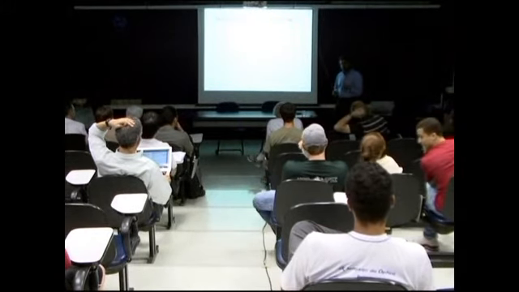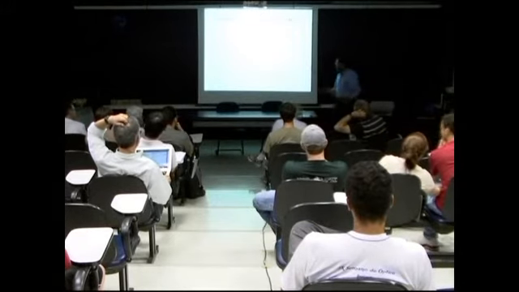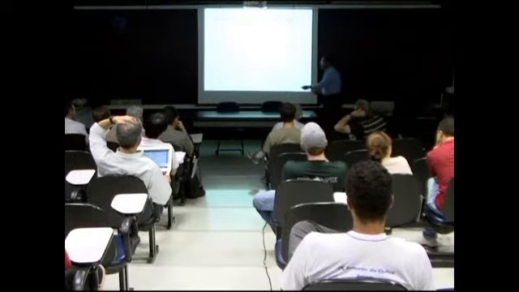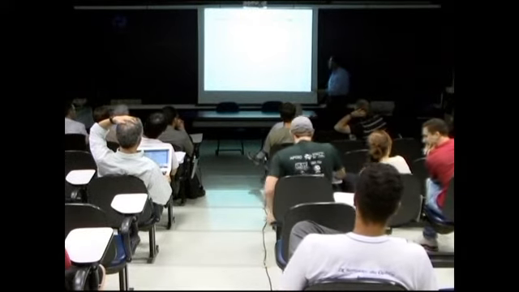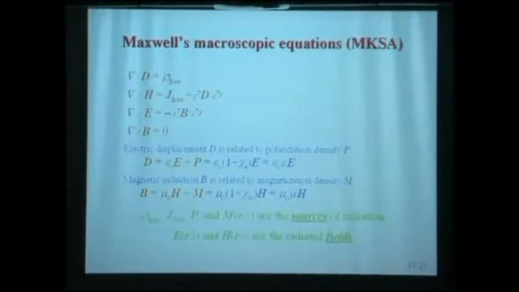Minus the divergence of P is the bound charge density. dP/dt is the bound current density. You can also write M as bound current. There is no charge associated with M, just current, and that would be the curl of M. So now if you replace P and M in these equations with their time derivative, divergence and curl, then you have only free charge and bound charge, free current and bound current, but nothing else. So it's the same thing as bound charge and current that we call P and M here.